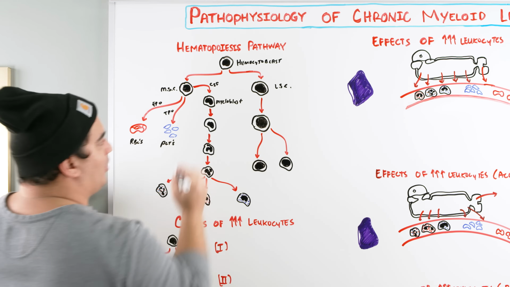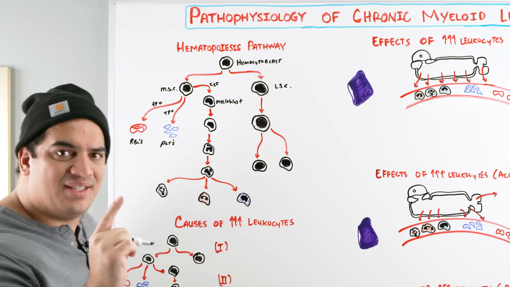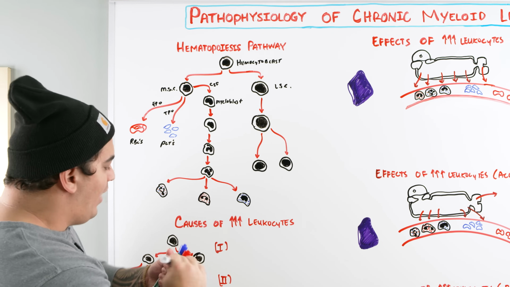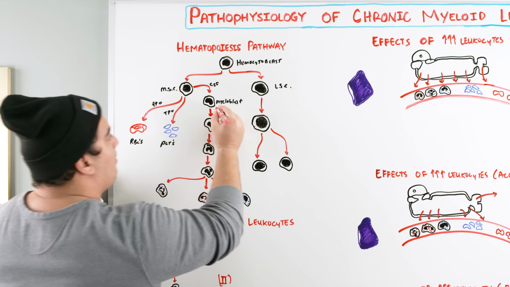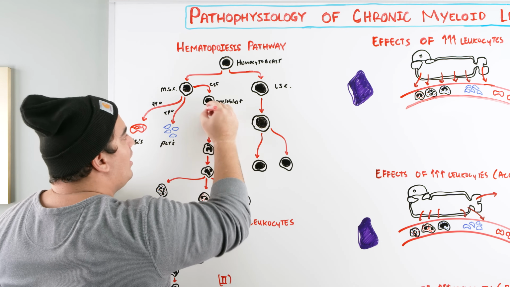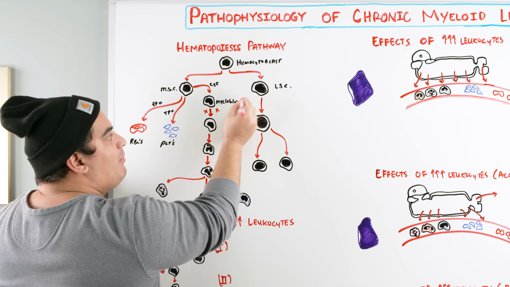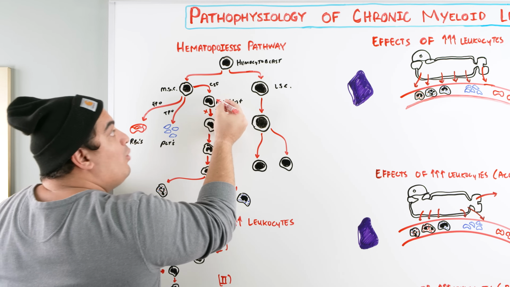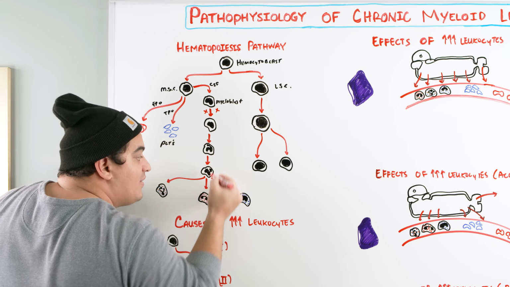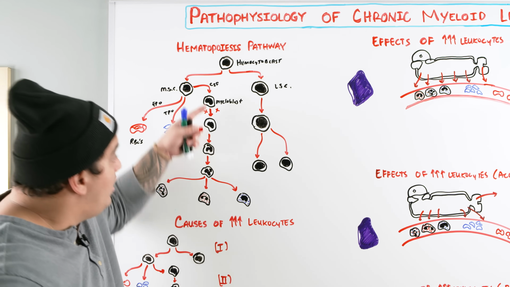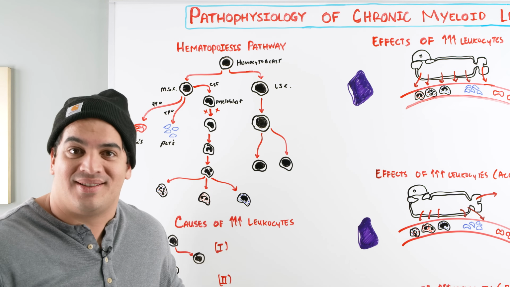And if you remember, in AML, where did the disease process occur? We'll write it down. AML occurred where the myeloblasts continued to proliferate, and you made tons of myeloblasts, but they were not able to differentiate into these further downstream cell lines. So it would not make functional white blood cells.